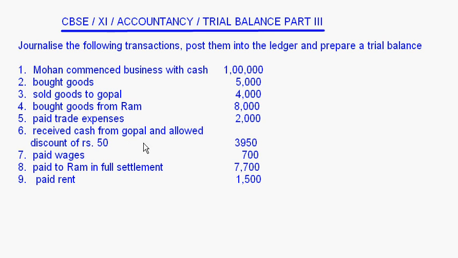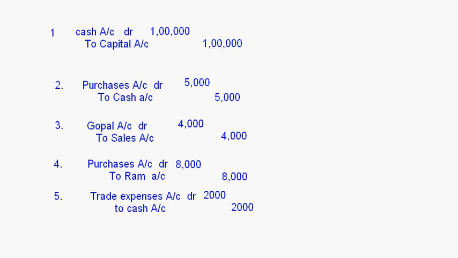Received cash from Gopal and allowed discount of rupees 50. Received cash 3,950, okay, and allowed a discount of 50 rupees. Gopal's account is how much? 4,000, right? This is Gopal to sales. So we have to receive 4,000, but now we are receiving from him cash account debit.